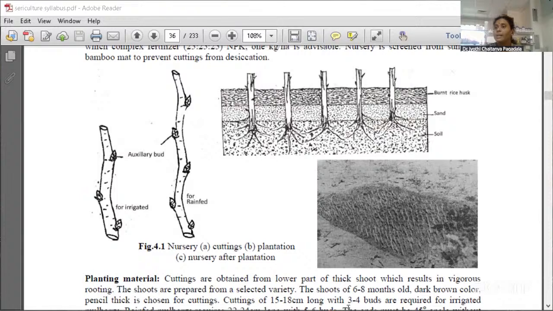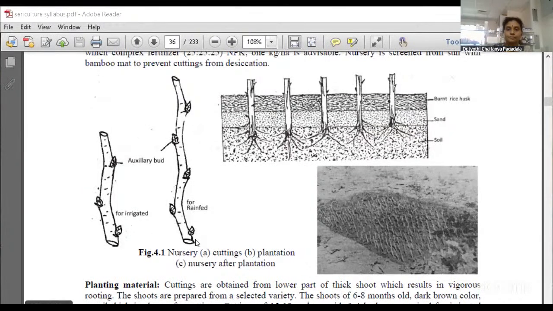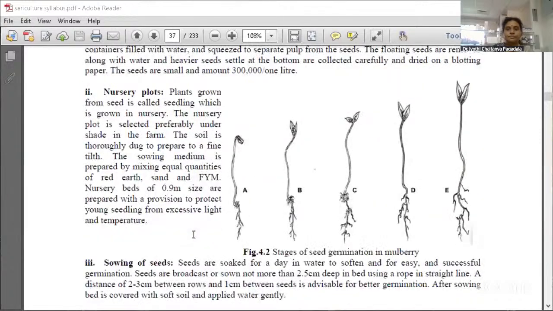When coming to the propagation through seeds, here you can see the image, the stages of seed germination in mulberry, A, B, C, D, and E. Propagation.